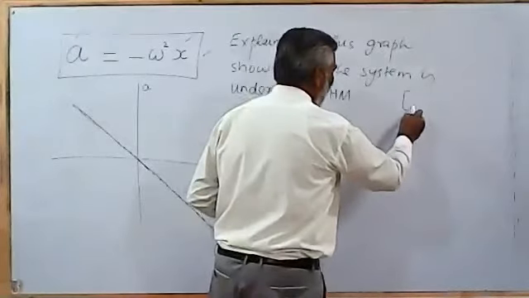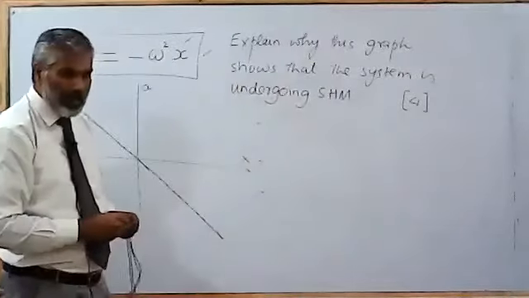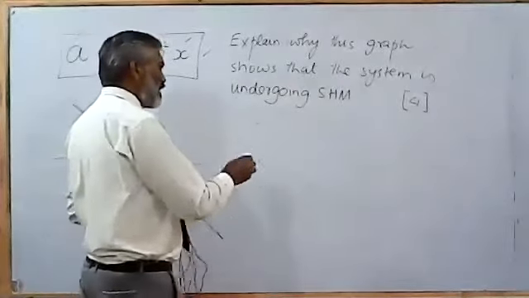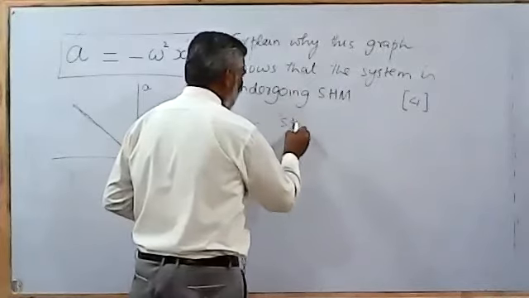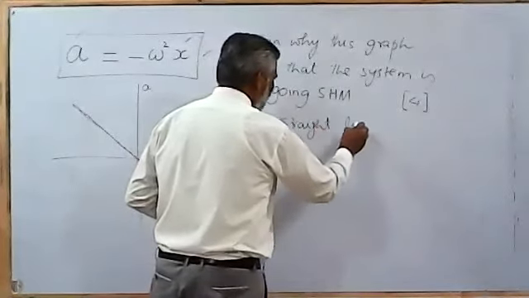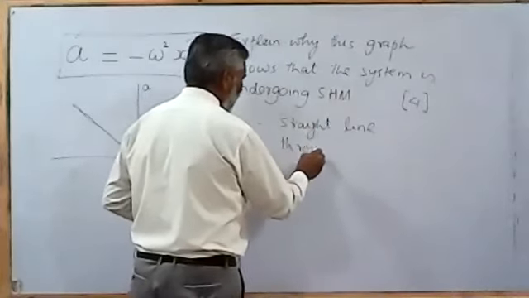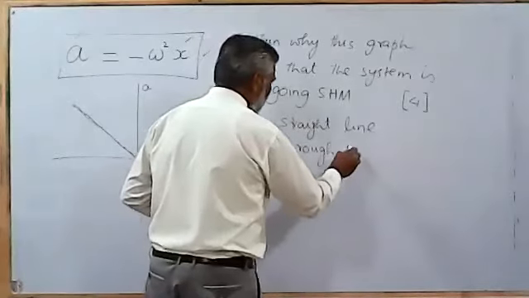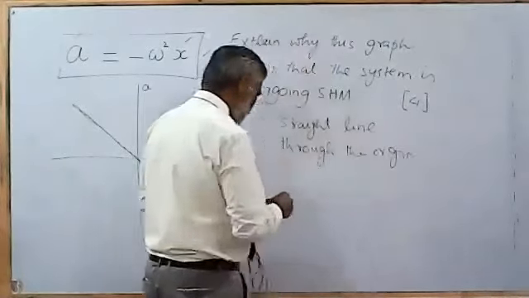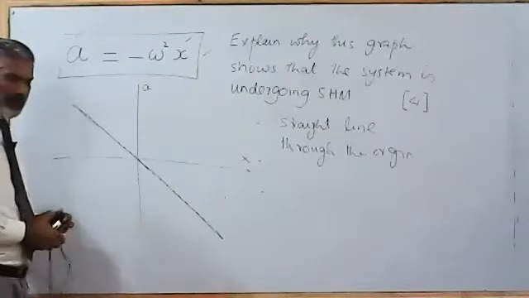So in these 4 marks, what do they want to see in your answers? They want to see, number 1, it's a straight line. It is a straight line through the origin. That means the proportionality is intact.